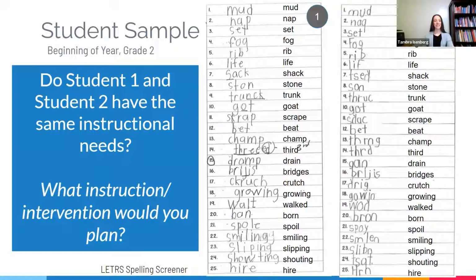Lots of things to look at in just a short amount of time. Just a big picture, overall strengths and weaknesses, maybe. Teach syllable types.